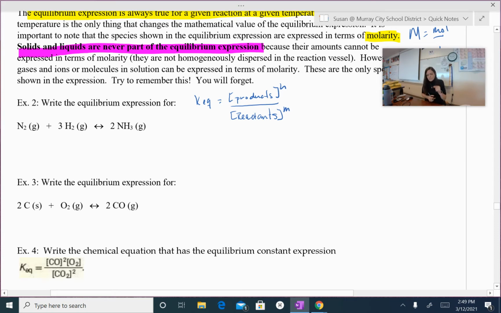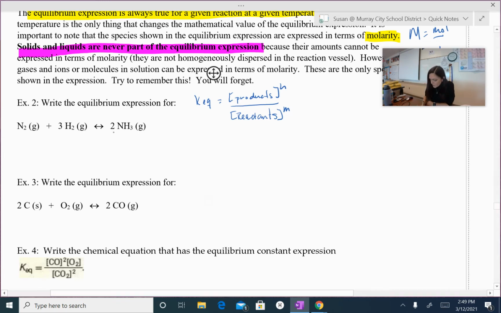So let's write our equilibrium expression for nitrogen bonding with hydrogen to make ammonia, otherwise known as the Haber process. This is how we make ammonia to make fertilizer. All right, so the Haber process.